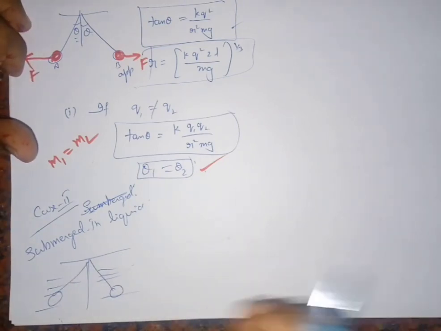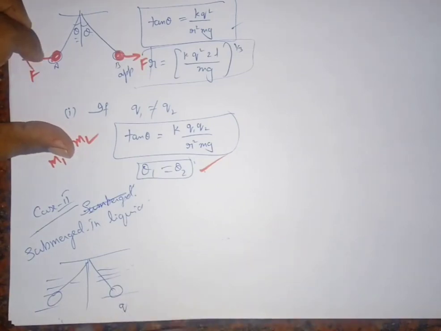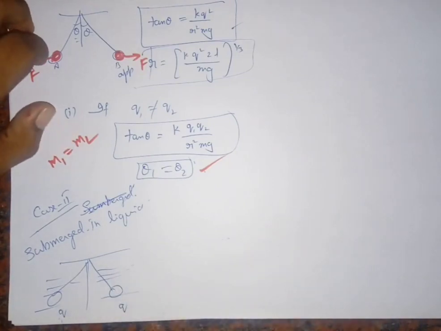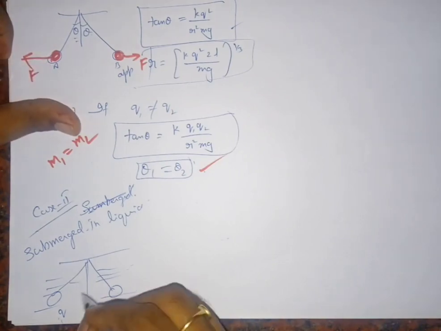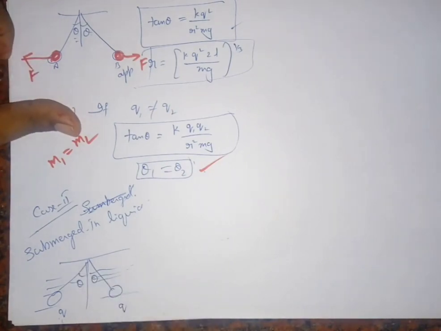Instead of k q1 q2 by r square or kq square by r square, let us take the charges as identical. Kq square by r square, we have k upon epsilon r q square by r square, where epsilon r is dielectric constant. Okay, so this is theta and theta.